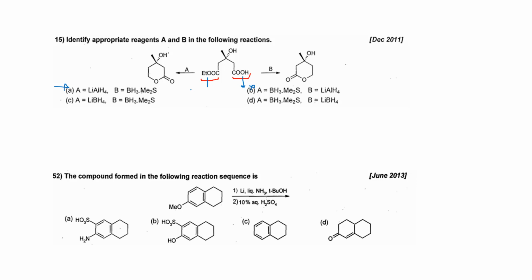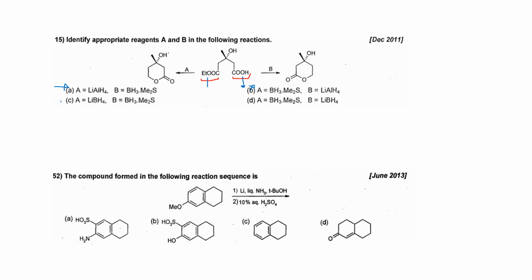Now next, we know to reduce acid specifically in presence of other groups, we usually use borane. So for B we use borane.